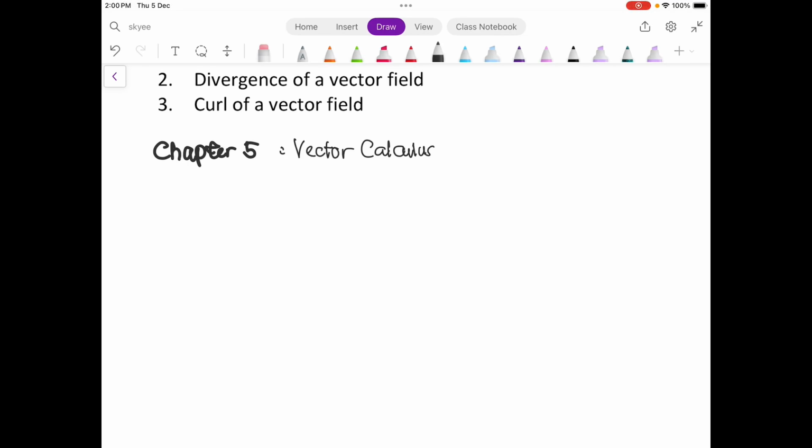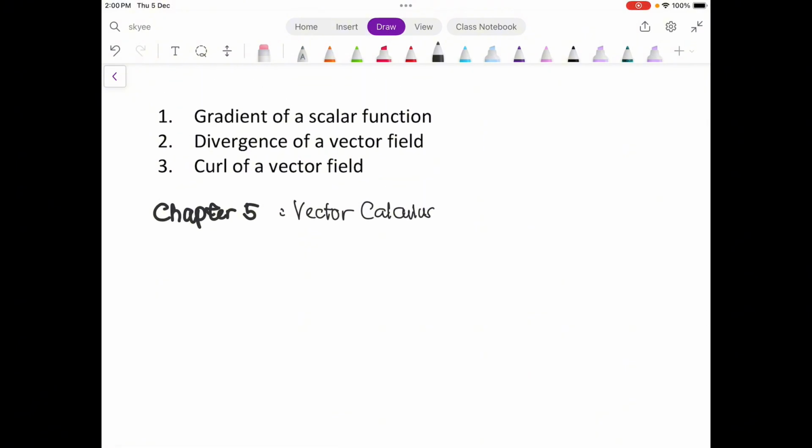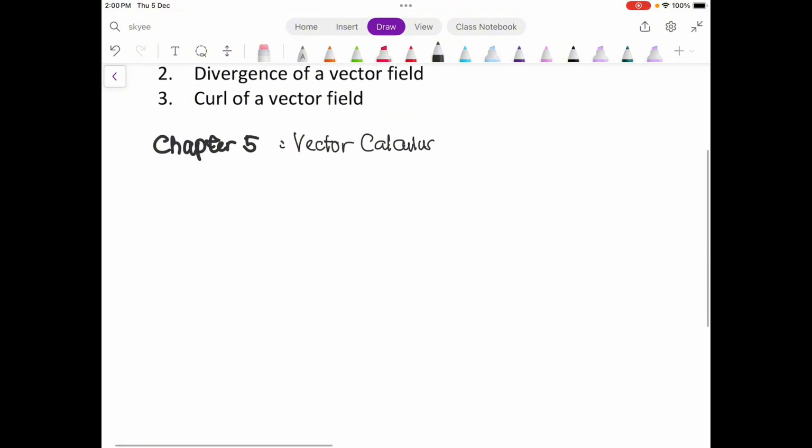So in this chapter, we are going to go through a few subtopics. Besides the three that I mentioned here, we are going to learn about line integrals, how to perform the line integrals of scalar and vector fields.